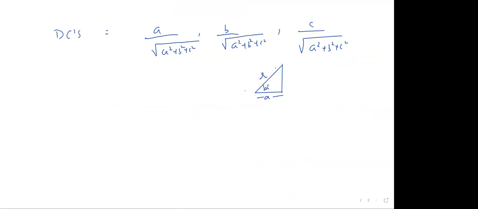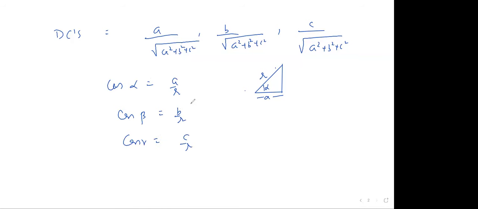So cos alpha is a over r. In the similar way, cos beta equals b over r, and cos gamma will be c over r.